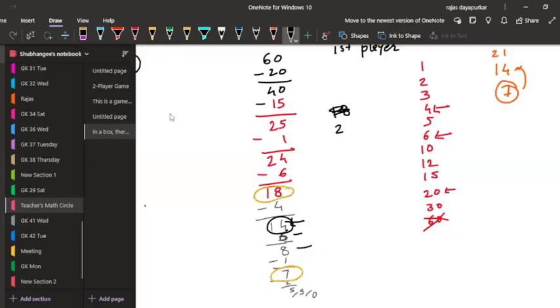Okay, 21 seems attractive now. If I've reached 21, you would not remove 20, you would not remove 15. So you can't reach 7 basically from 21. So 21 is not the winning position.